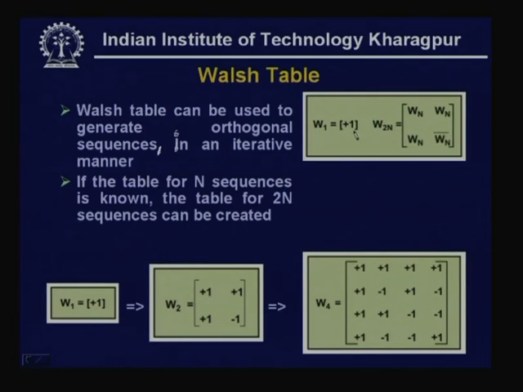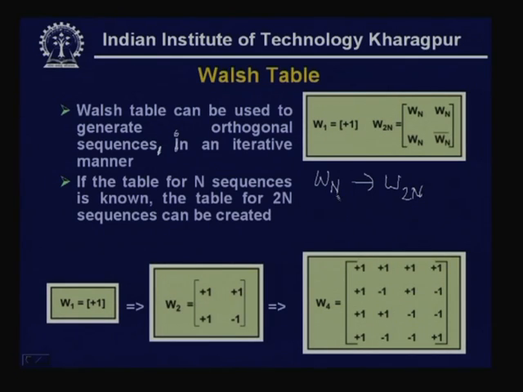dimensional matrix, and W2 is a two dimensional matrix. I mean 2 dimensional matrix with 4 entries. Here you have got only one entry. So, W1, W2, W4 can be generated in this manner, that if Wn can be used to generate W2n.